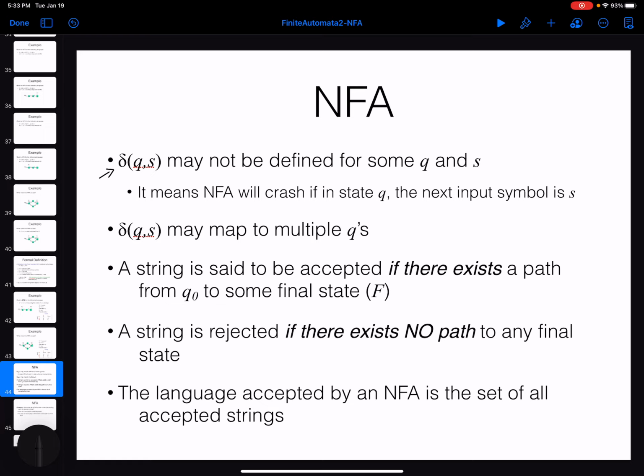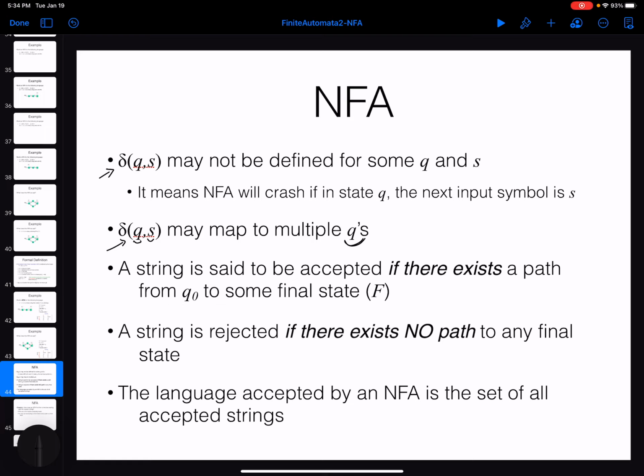This is just a representation thing. So if it doesn't show a transition for a state, it doesn't mean that your finite state machine is an NFA. But something which is specific to the NFAs is that the transition at a specific state and a specific symbol can go to more than one state.